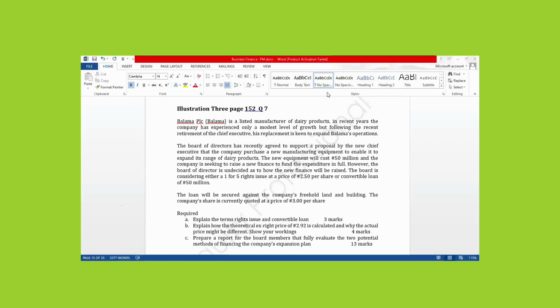Rights issue is issuing new shares to existing shareholders, usually at a reduced price, so as to generate additional funds.